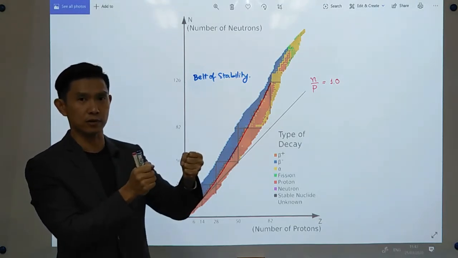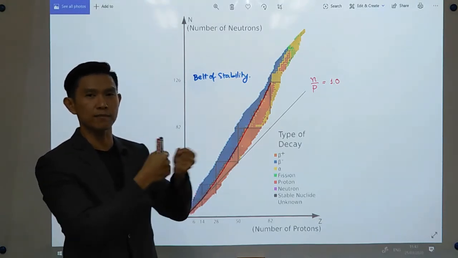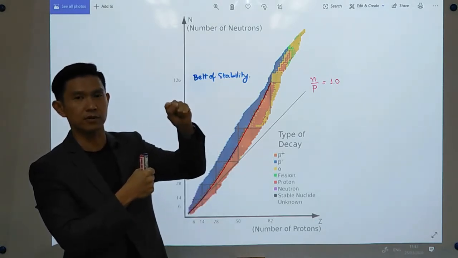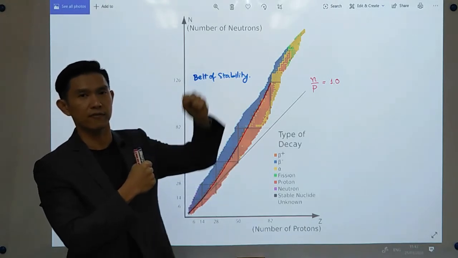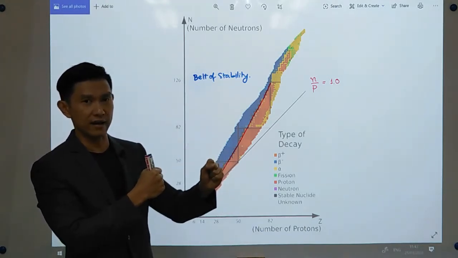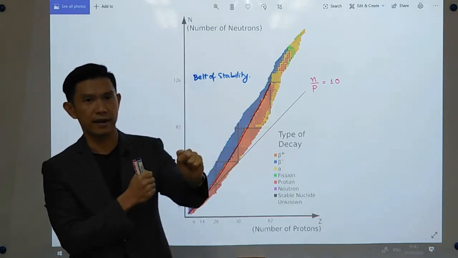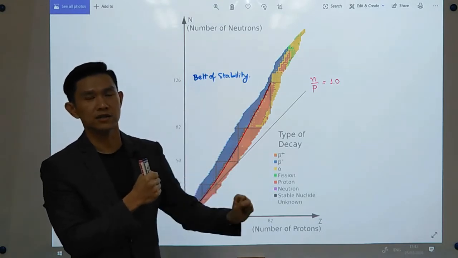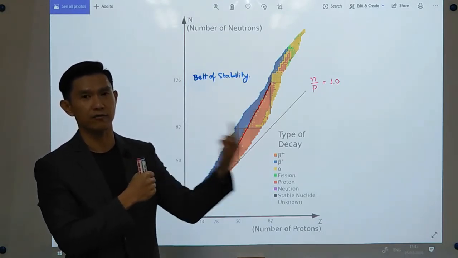But if you have 3 protons, right, instead of having one pair of repulsion, you have the 3rd proton over here. So you have 3 pairs of repulsive force. And if you add one more proton over here, it adds up to be 6 pairs of repulsion.